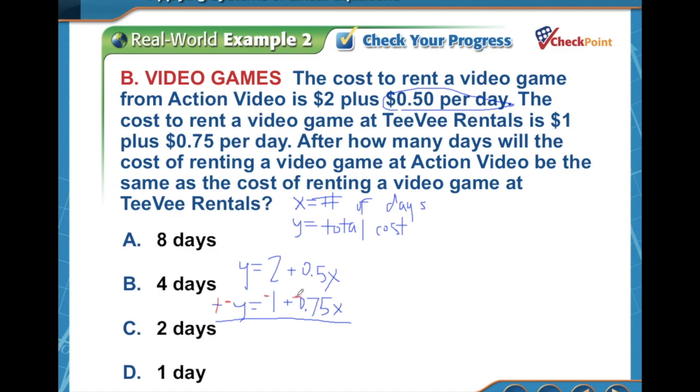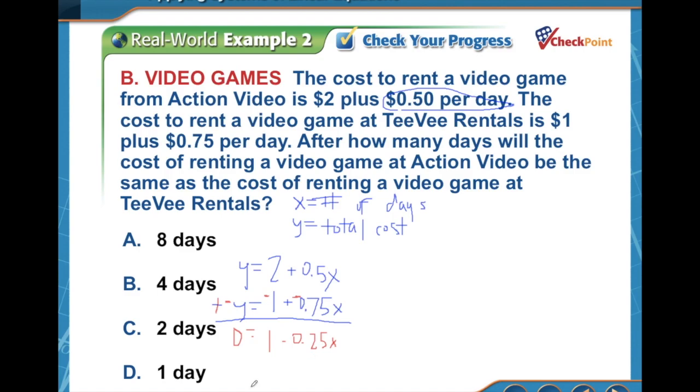But now all we have to do is just add everything straight down, and our y's will disappear. So y plus a negative y is 0. 2 minus 1 is 1. 0.5 minus 0.75 is negative 1/4, or negative 0.25.